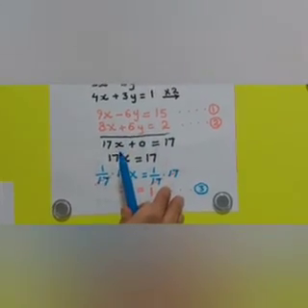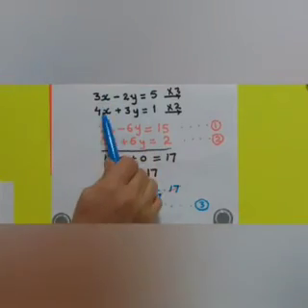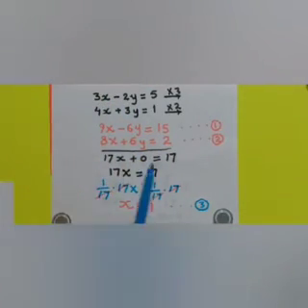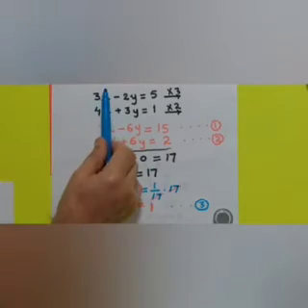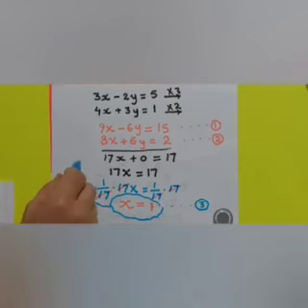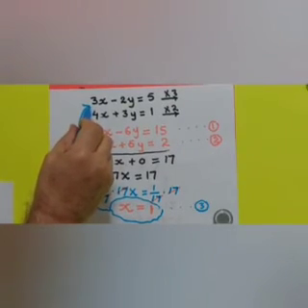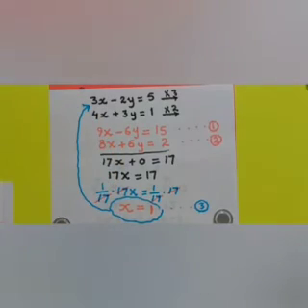It's better to use the original one, either this one or this one. Put 1 instead of x, because x is equal to 1, as you see. Take it and put it here or here, whatever.